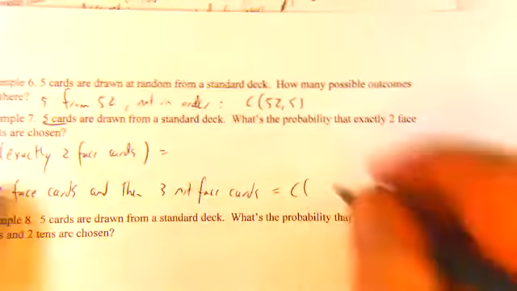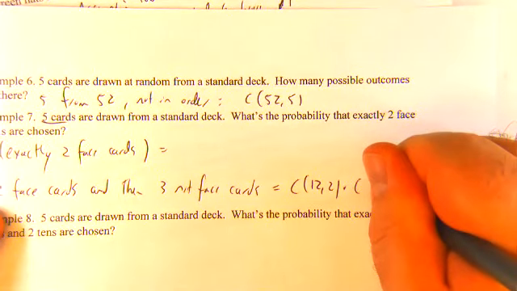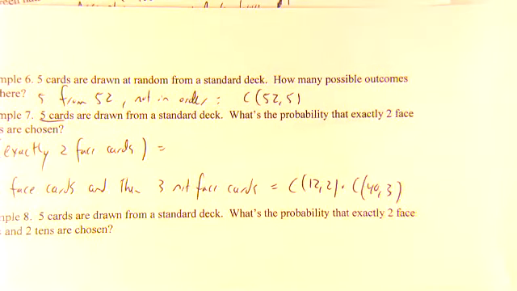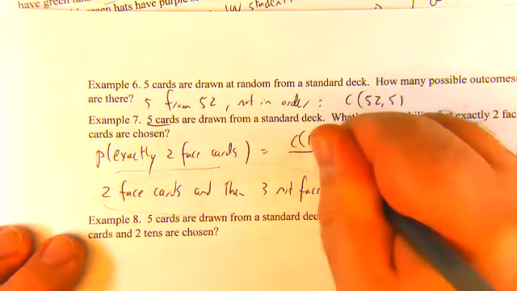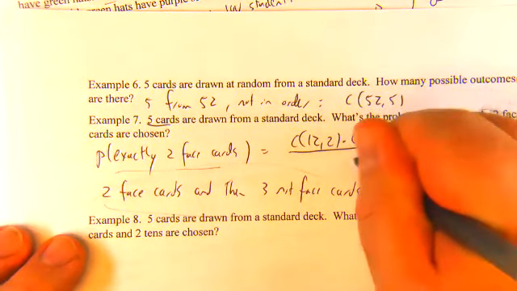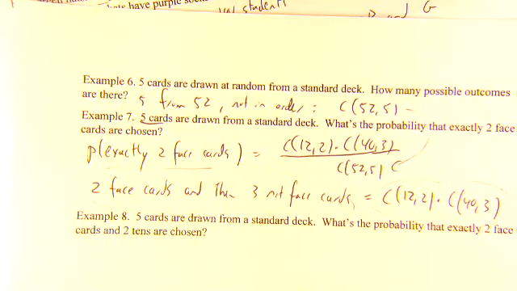So I have to pick 2 face cards out of the 12 possible ones, and then out of 40, 3 non-face cards. So that's how many ways there are to pick 2 face cards and 3 non-face cards. So the probability that I pick exactly this grouping is this many outcomes divided by the total number of outcomes. So C(52, 5) on the bottom.